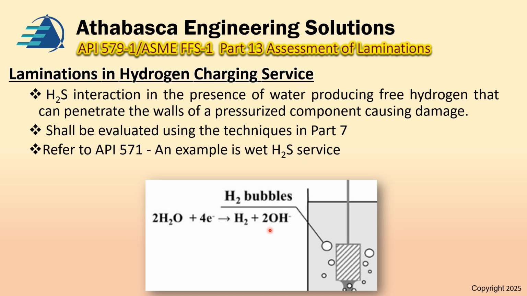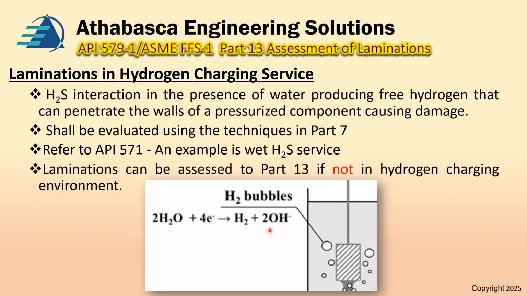There's an example of wet hydrogen sulfide damage that you can have a look at. The limitations can also be assessed by Part 13 if it's a non-hydrogen charging environment, just as a reminder.